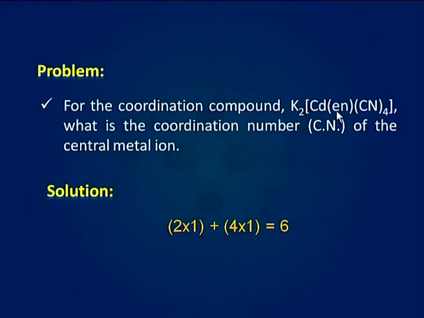Therefore, the overall coordination number of cadmium is 2 into 1 plus 4 into 1, which is equal to 6. Here 2 is the denticity of the ligand ethylenediamine and 1 is the number of ethylenediamine. 4 is the number of monodentate ligand CN and 1 is the denticity of CN.